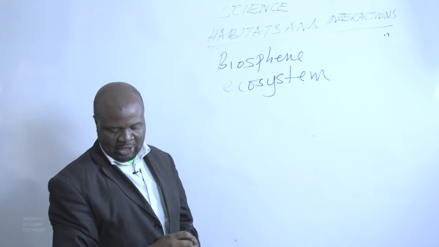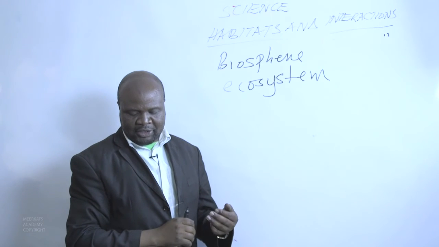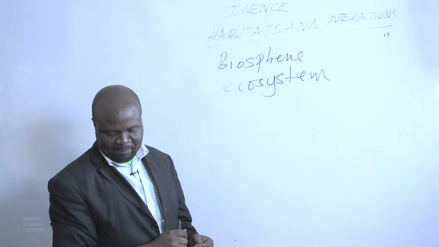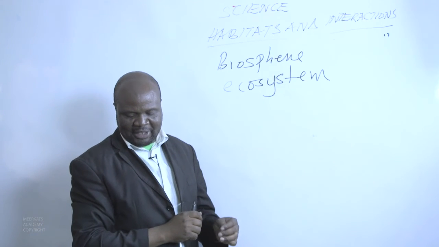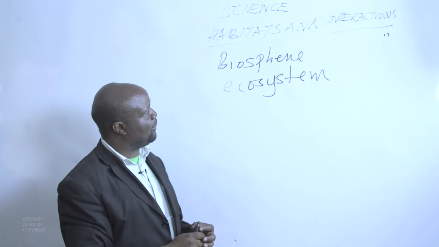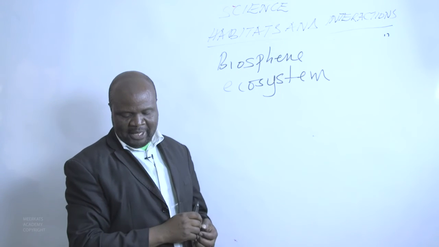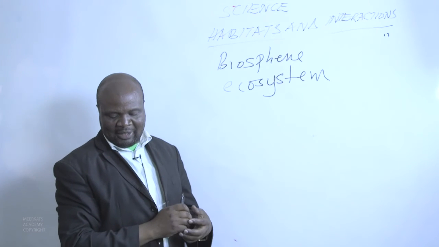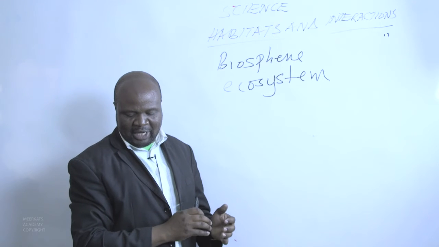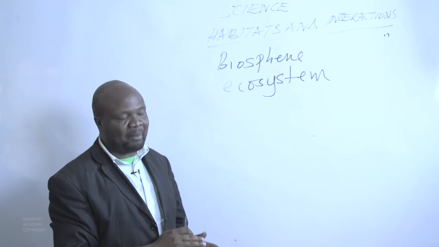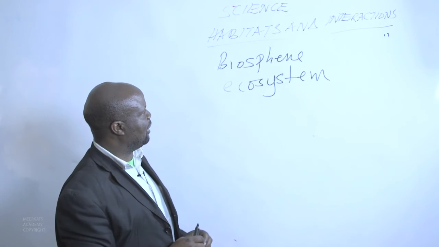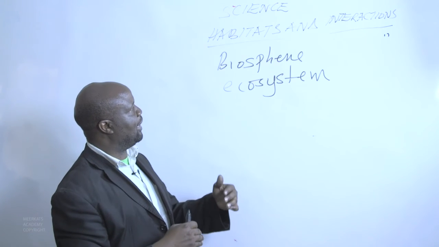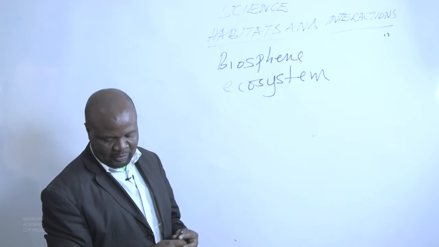On the definition of what an ecosystem is, we can say an ecosystem is a system formed by organisms interacting with each other and their non-living surroundings in a balanced way. I'll repeat: an ecosystem is formed by organisms interacting with each other and their non-living surroundings in a balanced way. We call that an ecosystem: the living organisms existing with one another together with the surroundings around them.